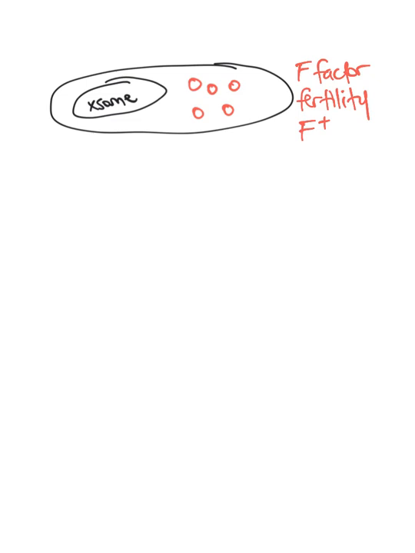Now, an F+ cell would probably have many copies of that F factor plasmid, but I'm going to erase some of these here, and let's just focus on one copy of a plasmid just to give us some space to write.